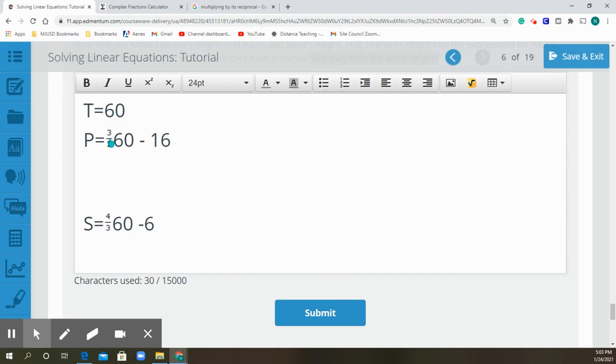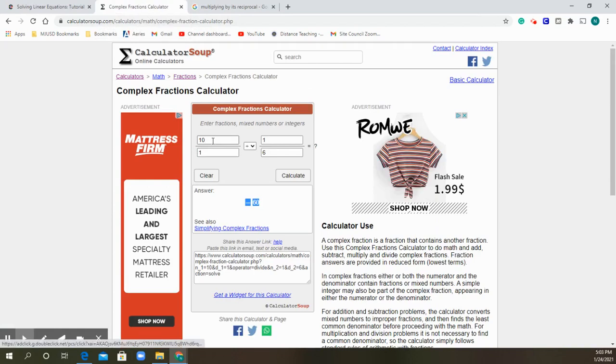All right, so what is 3 over 2 times 60? So that's what we're going to do. So 3 over 2 multiplied by, and I'm going to use the same trick, 60 over 1.